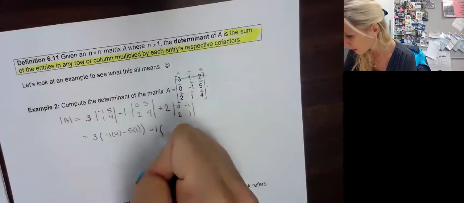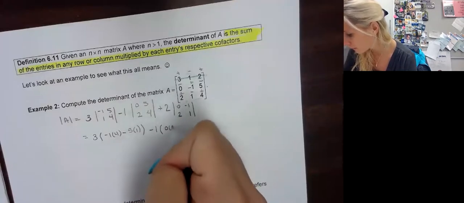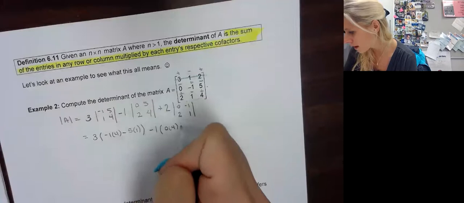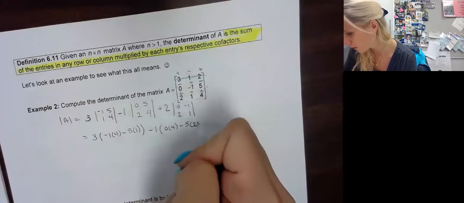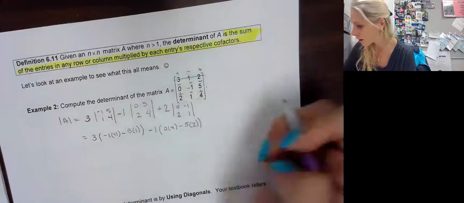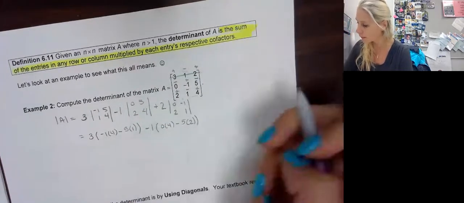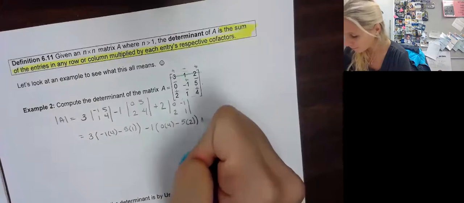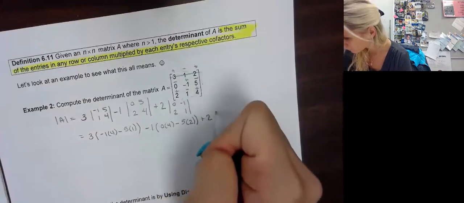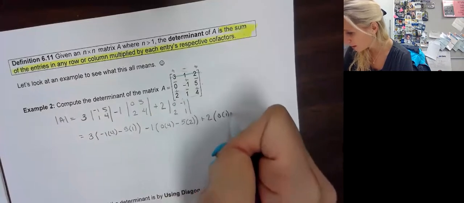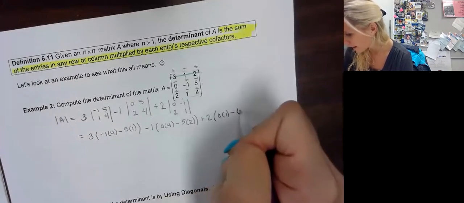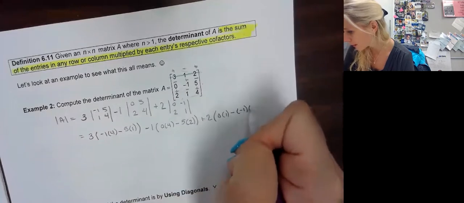I'm going to multiply the 0 times 4 minus 5 times 2. Okay, that whole thing is multiplied by the -1. Then I have this plus 2. I have 0 times 1 minus -1 times 2.